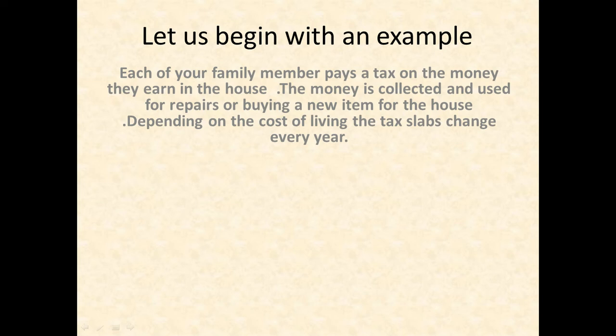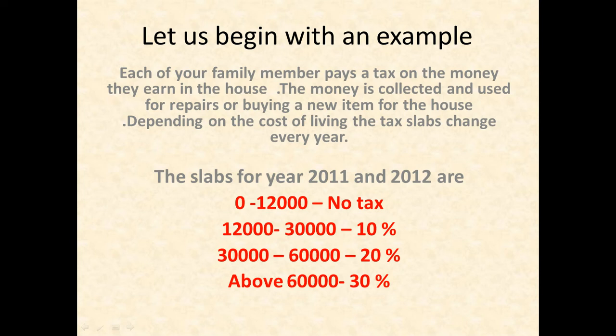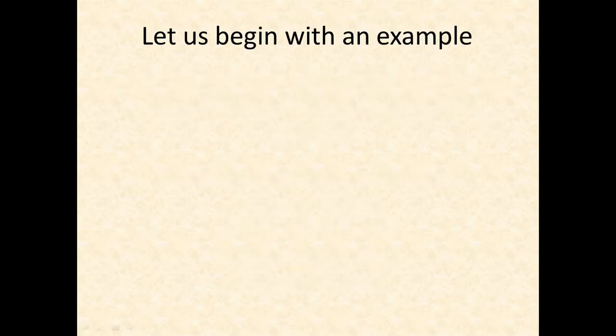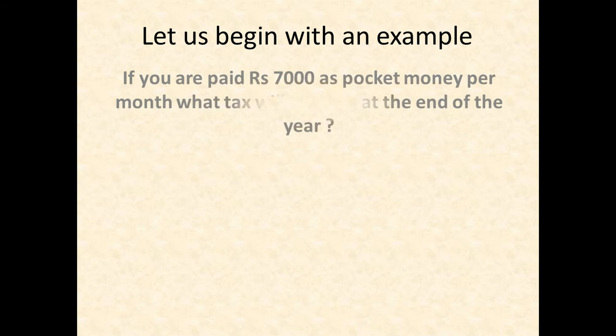Similarly, you are also earning pocket money, and you pay a tax on it based on the pocket money that you are getting, and that tax is used to buy a new item for your house.